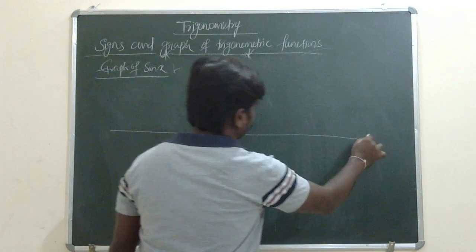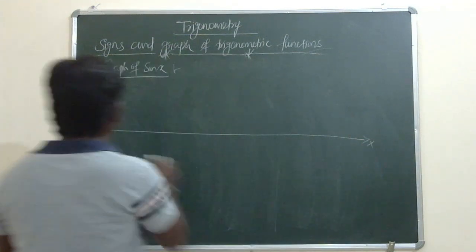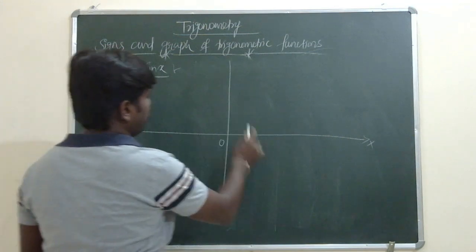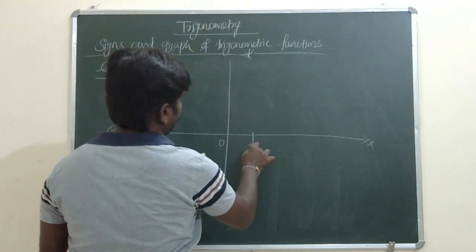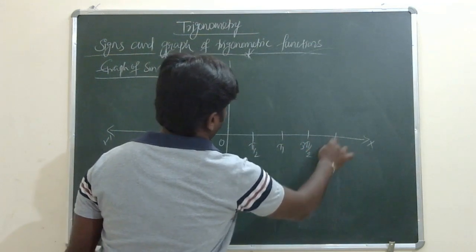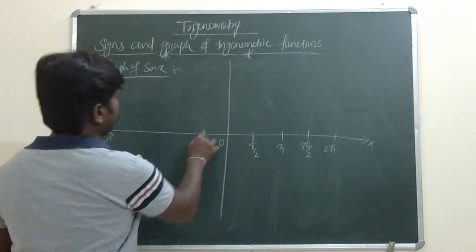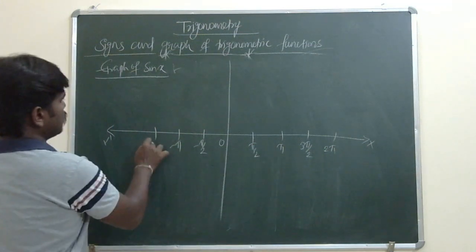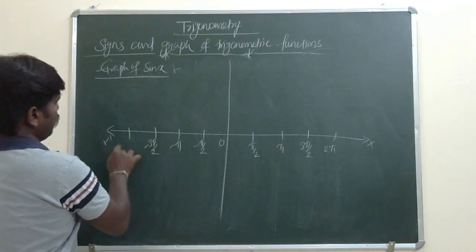Okay, so here I am taking x dash, and here I am identifying pi by 2, here pi, 3 pi by 2, and here 2 pi angles, and here minus pi by 2, minus pi, minus 3 pi by 2, and minus 2 pi.